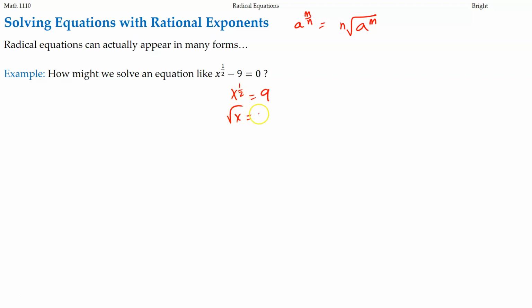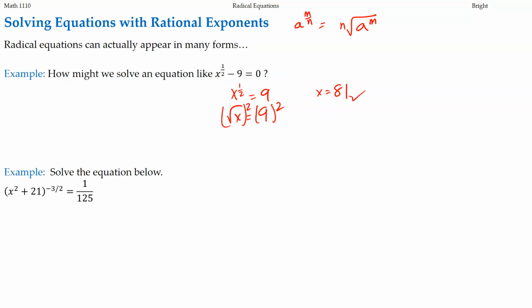The 1/2 power is the same as the square root, so the square root of x is 9. To solve this, you would square each side to cancel the square root, and you'd be left with x equal to 81. And you should check that this is indeed a true answer. If you do 81 to the 1/2, that's the square root of 81, you get 9, and then 9 minus 9 is 0. Yep, so that's going to work.